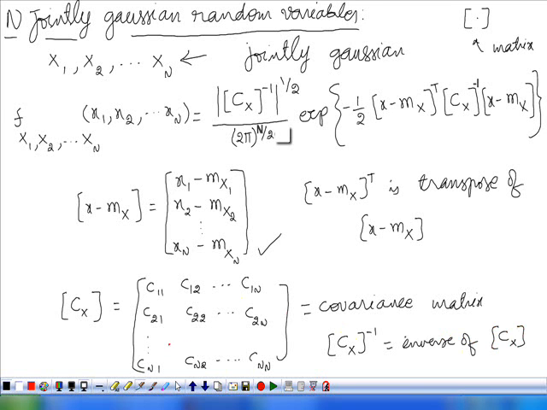So you can evaluate the determinant and find the inverse of it. First find the Cx matrix, find the inverse of that Cx matrix, then find the determinant of it. You substitute that determinant value here, and similarly this is a constant.